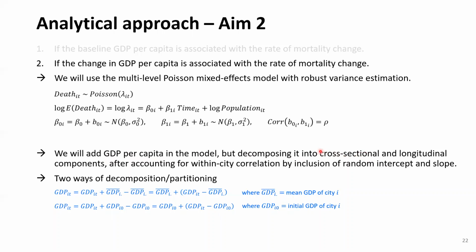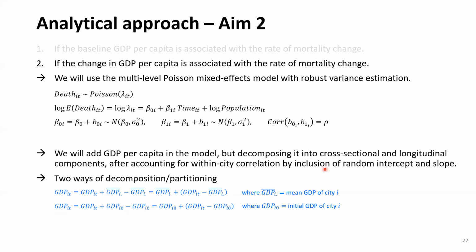Sometimes we call cross-sectional, in this case, between-city association, and longitudinal means within-city association. So within city means within city by time, or within city how change in GDP affected change in mortality in each city. This is what we want to know on average.